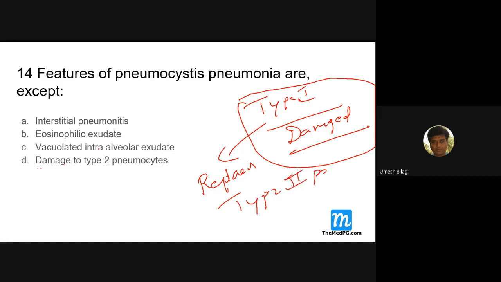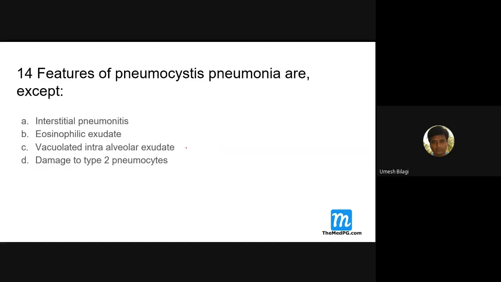So here the question is damage to them. In fact, there will be hypertrophy rather. Hypertrophy of type 2 pneumocytes will be seen in pneumocystis pneumonia. So this is the exception, this is your answer. Interstitial pneumonia is true.